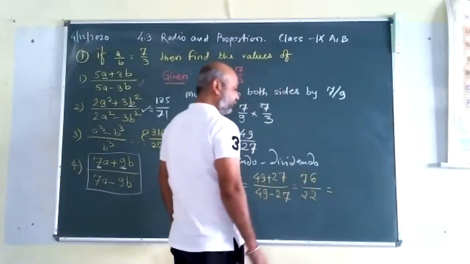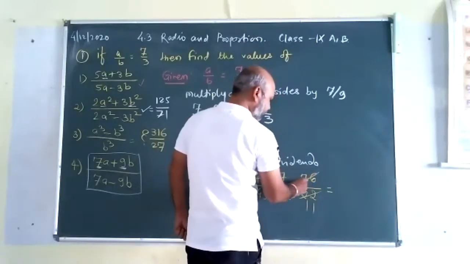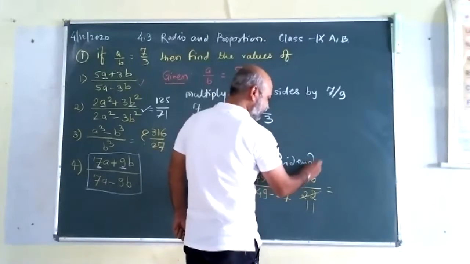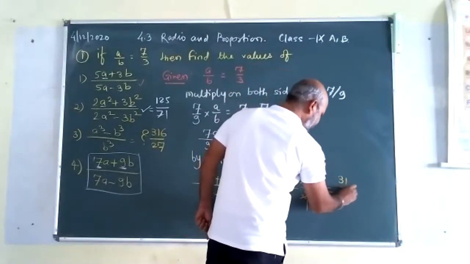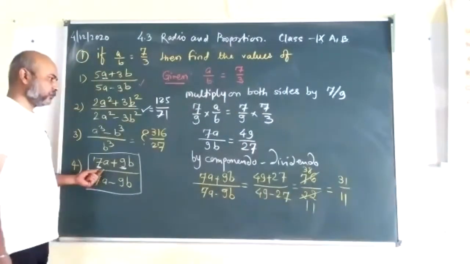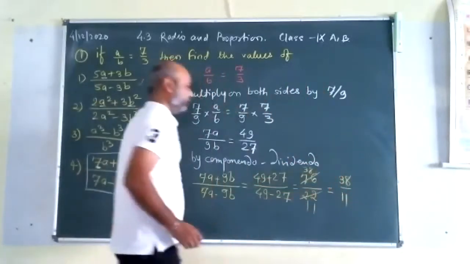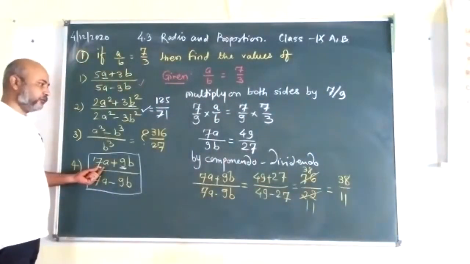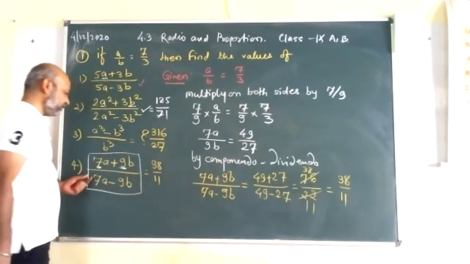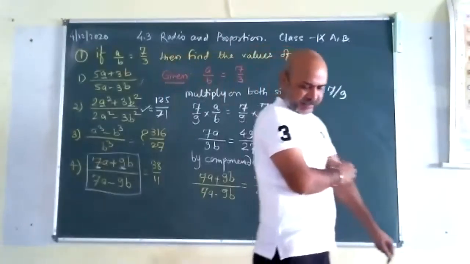Again divide by 2, just simplify: 2 ones are 2, 2 threes are 6, 2 eights are 16. It's 38 upon 11. So what is the value then? 38 upon 11. This is the value of 7A plus 9B upon 7A minus 9B.